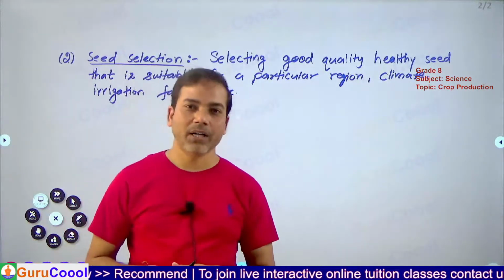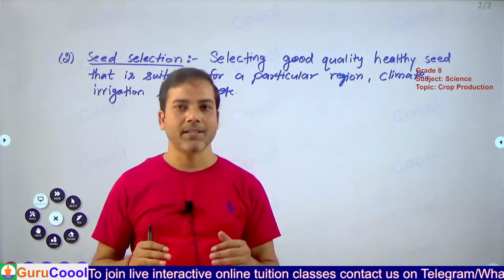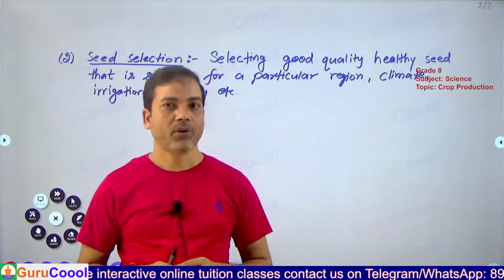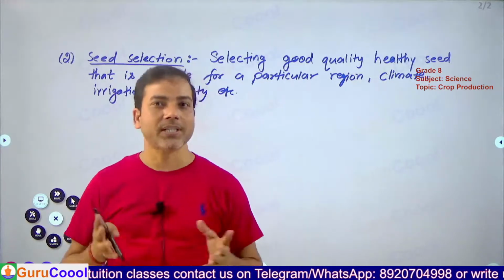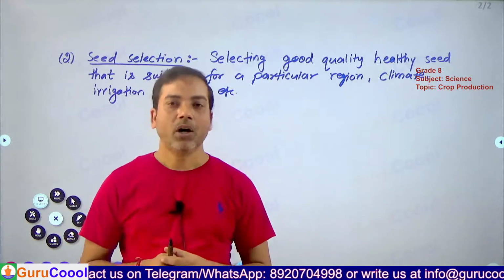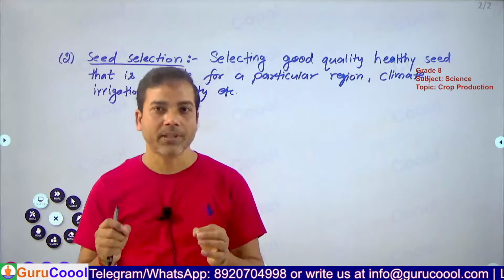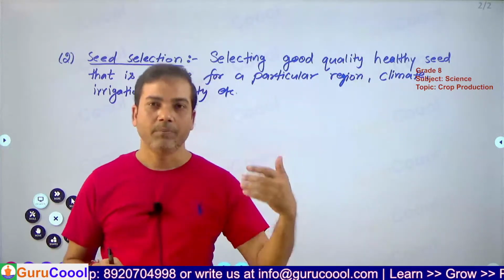Actually, this is why we study science. We all study science from class 1 to class 10. You know why? Because of these small steps that we have to take during our practices.